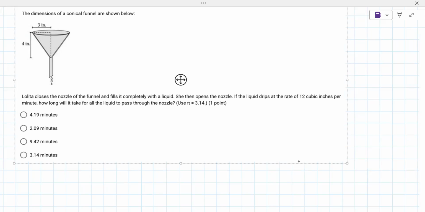So first you have to figure out the volume of the cone here, which is 1/3 the area of the base times the height.